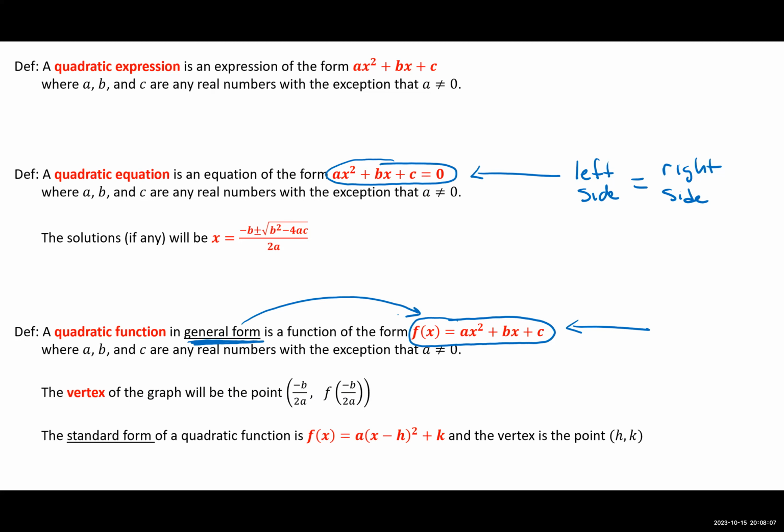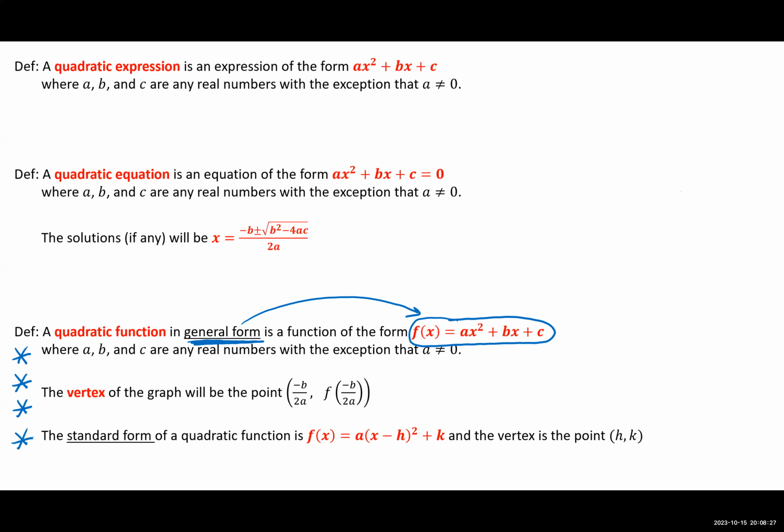We saw point slope form, slope intercept form, general form, different ways of saying the same thing. Same thing here. Let me erase some of this because we don't need that. In this video, we're just talking about down here, quadratic functions. We've already talked about the previous two.